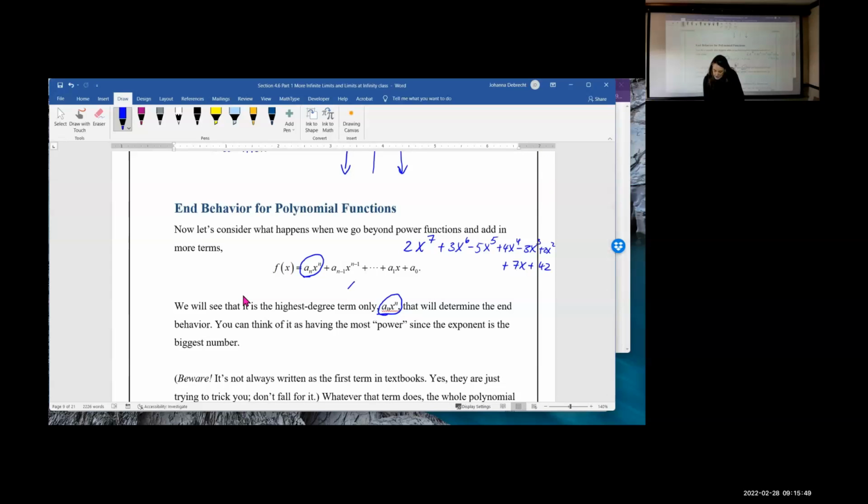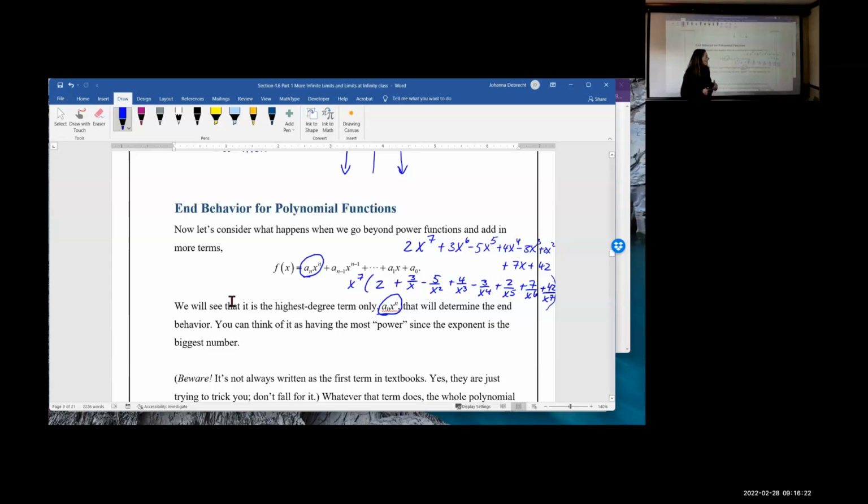If we take x^7 and factor it out of that, we get left behind 2 + 3/x - 5/x^2 + 4/x^3 - 3/x^4 + 2/x^5 + 7/x^6 + 42 didn't have any variables, so it's over x^7.